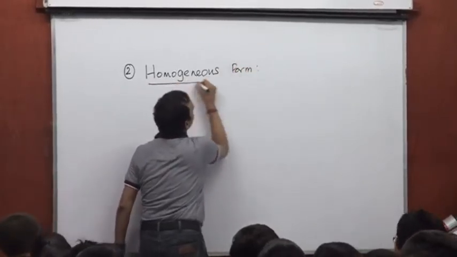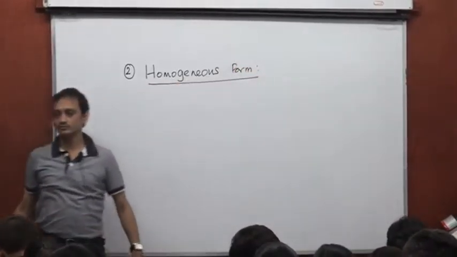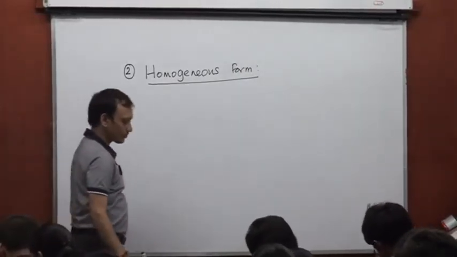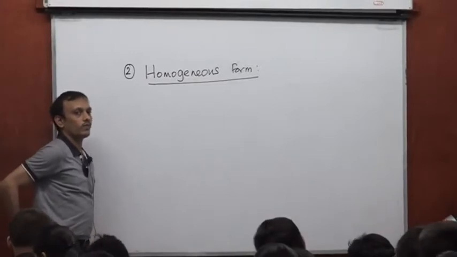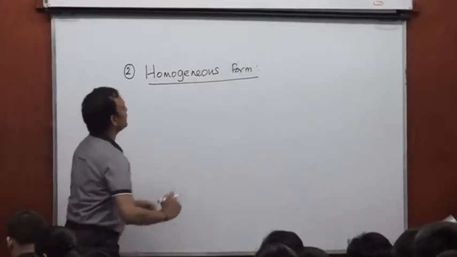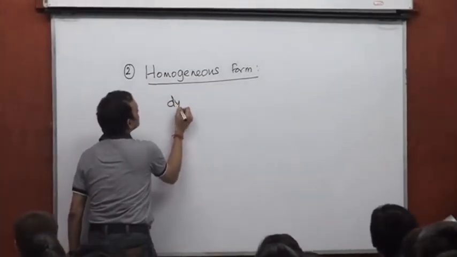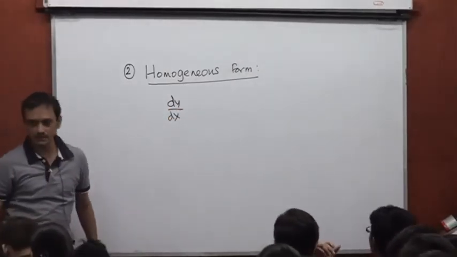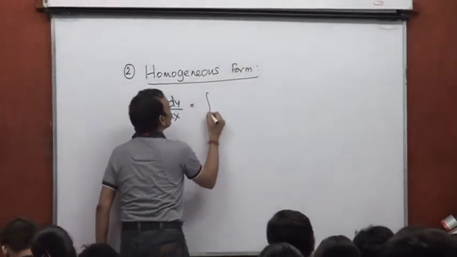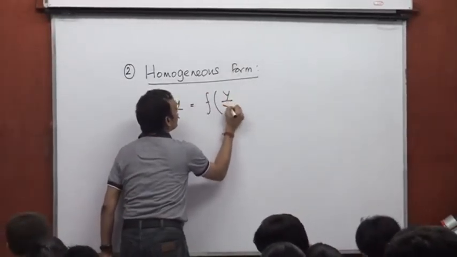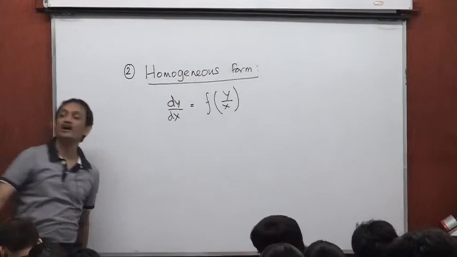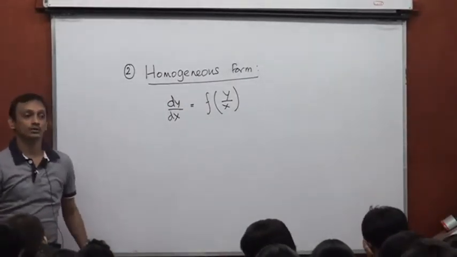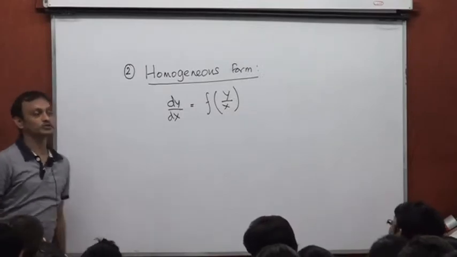Essentially, if I can write dy/dx as a function of y by x alone, then that form of the differential equation is called a homogeneous form.